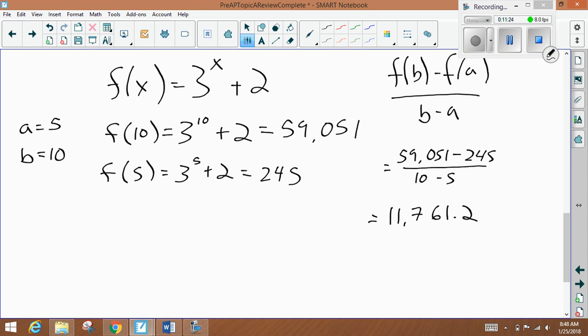What is that though? It's thousands, right? And it's thousands of bacteria, right?